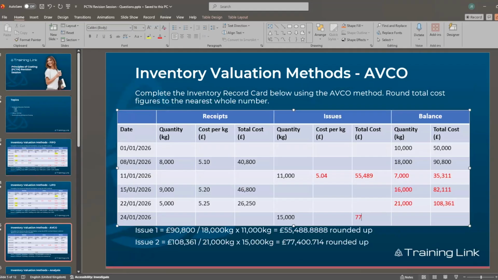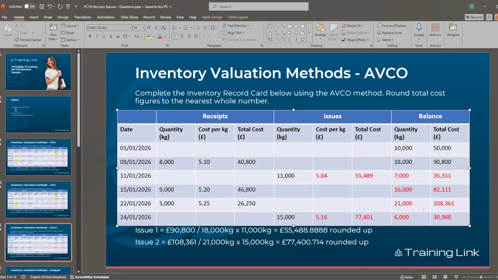Okay, so 77,401. And then take that figure, divide it by the quantity to get the unit cost, which should be £5.16 rounded there. And then we can finally update our balance.